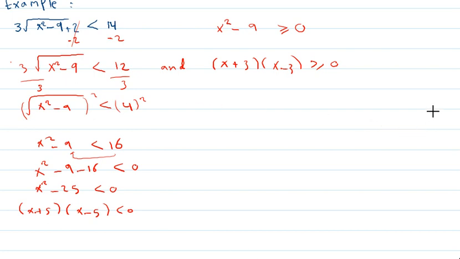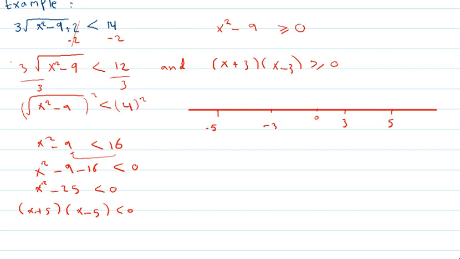We can take the final solution. We have here 3 and 5 as points of interest, minus 3 and minus 5.